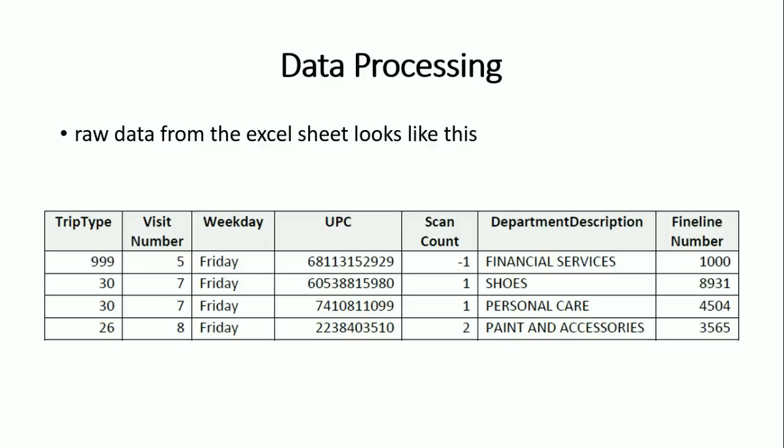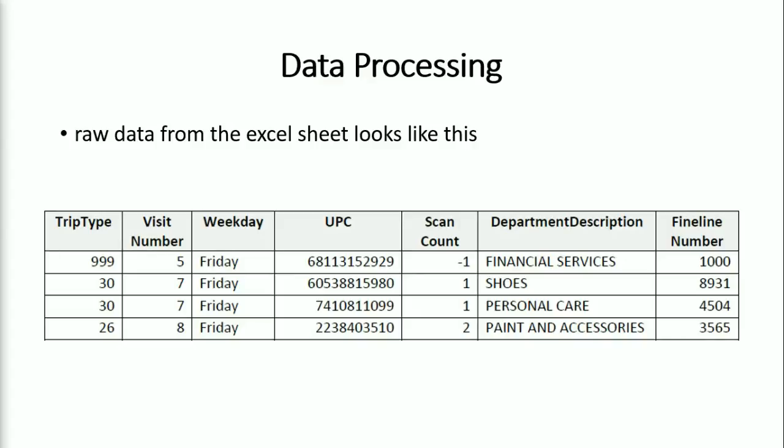Similarly, the department description is numbered from 1 to 70 according to the table, according to the appearance in the provided datasheet. It is found that 3% of the data set was missing. I decided to ignore all the missing data.